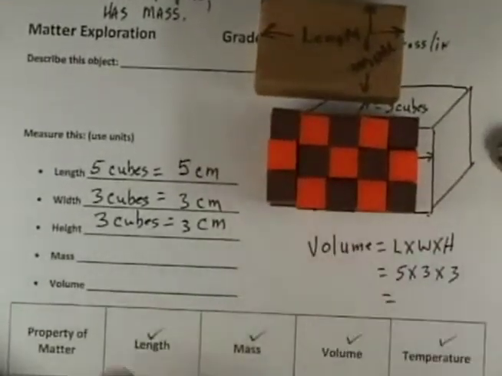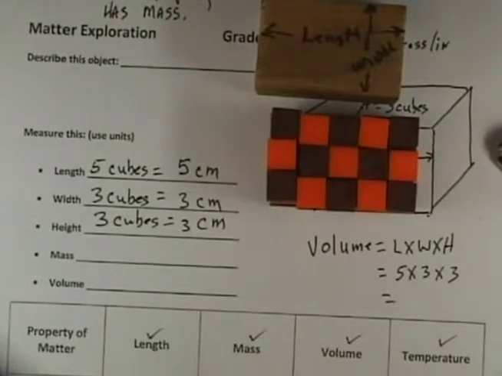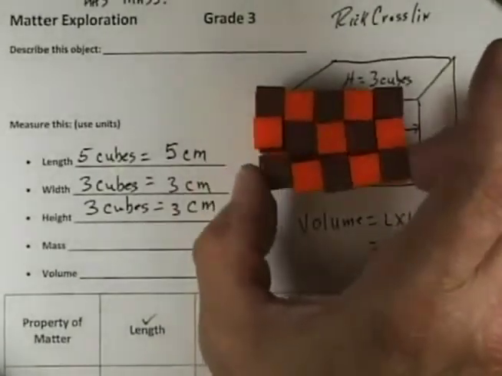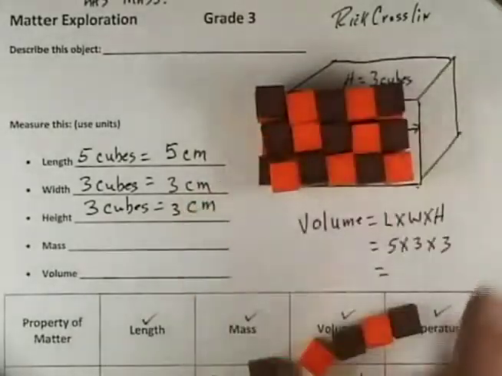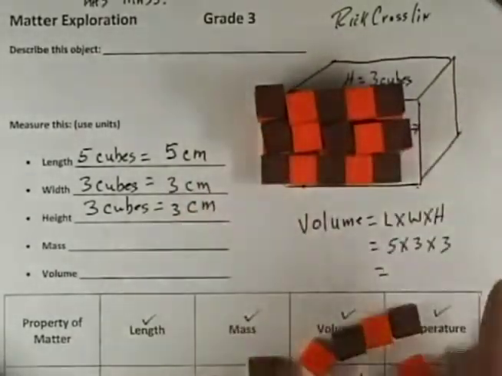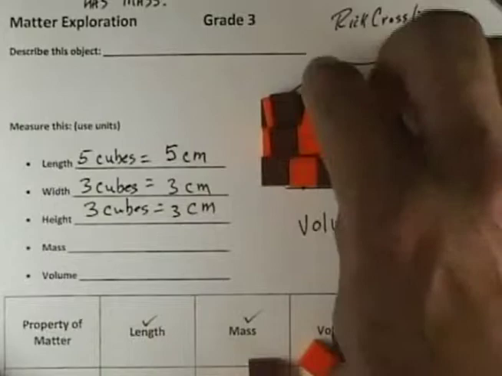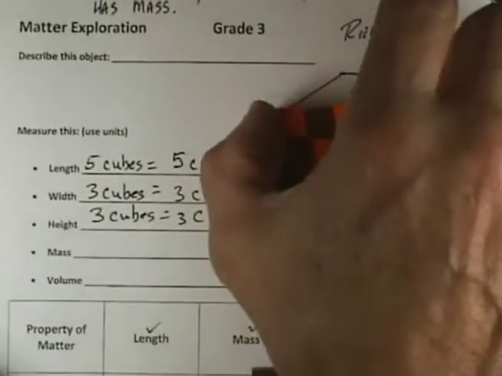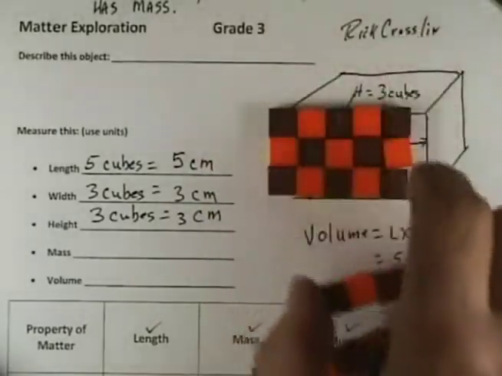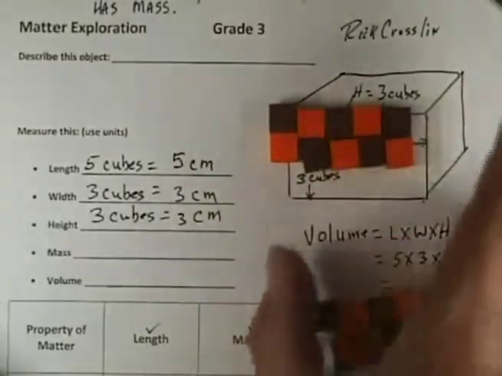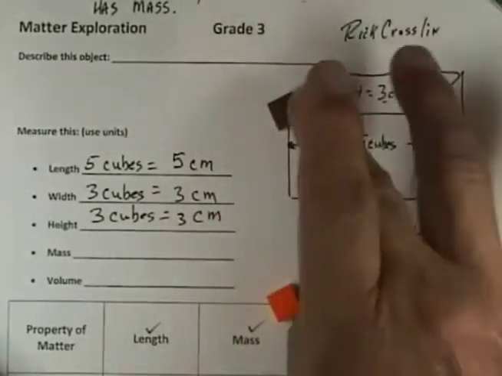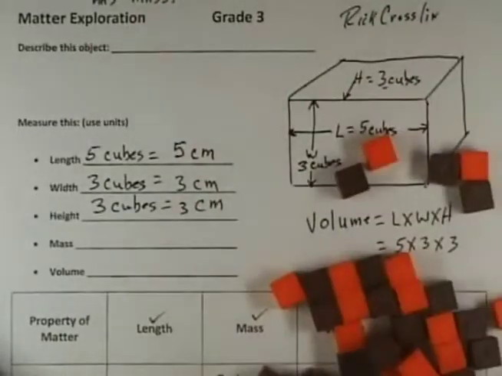I've used these super duper all-purpose measuring devices, and I can now count them and find out how many cubes this is. And I'm going to count by 5s because these are nice 5s. Here's 5, 10, 15, 20, 25, 30, 35, 40, 41, 42, 43, 44, 45.